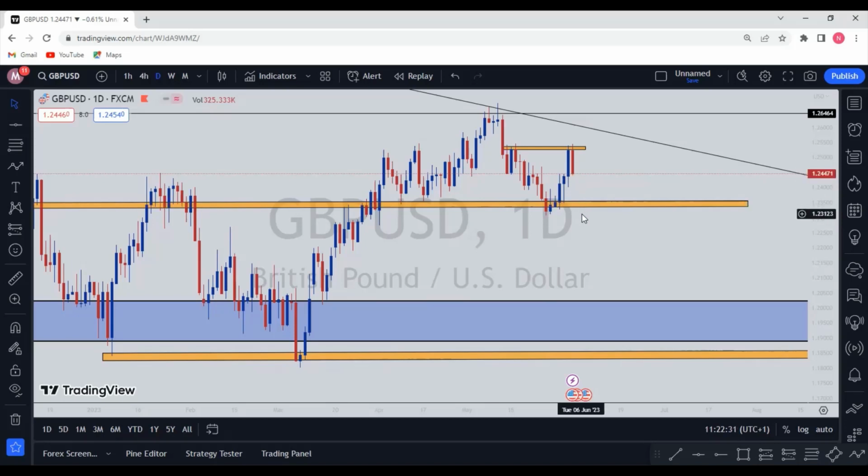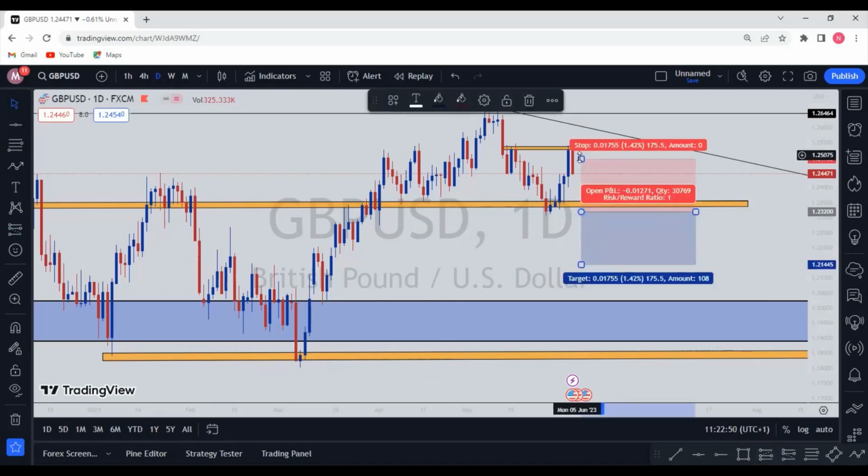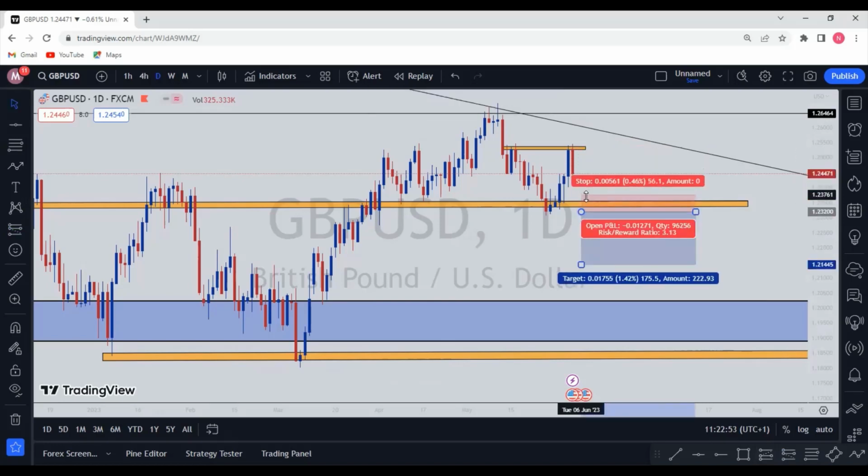Then we can start looking for potential entries. So I repeat again, once the market trades back below this yellow bar, I'll look for potential entries to this.